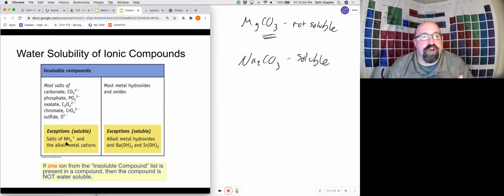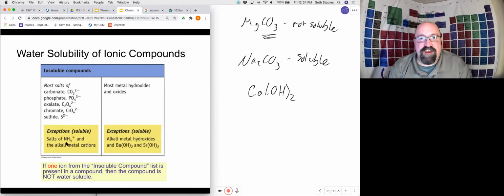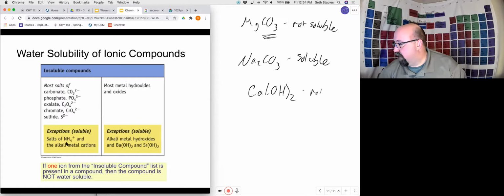Our other major class of insoluble compounds are metal hydroxides and oxides. And so, for instance, if I have calcium hydroxide, Ca(OH)2, that is going to be not soluble.